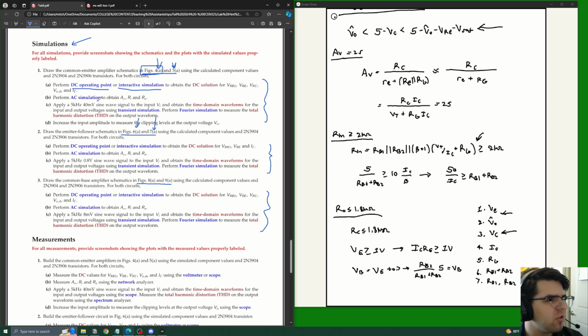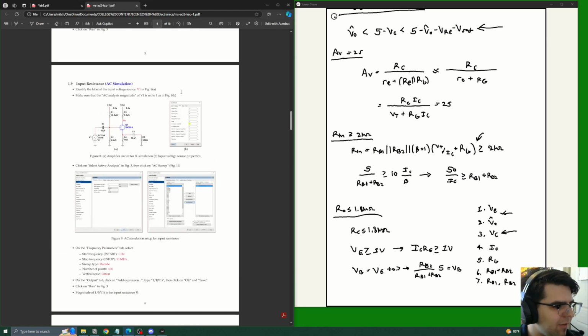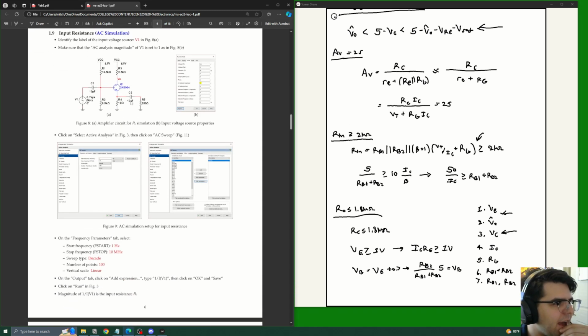Perform AC simulation to get the gain, the Ri, and the Ro. Getting the input and output impedance in simulation is actually a new thing. If you reference the MS82KSO document that we have on the Canvas, they describe exactly how to do these simulations. With the input impedance, you keep your circuit set up as normal.